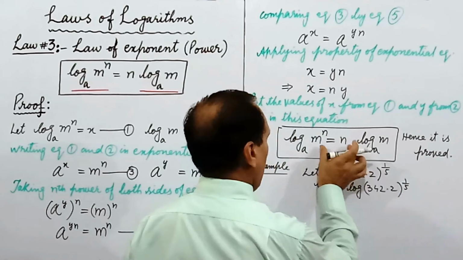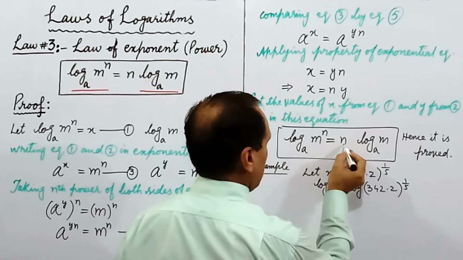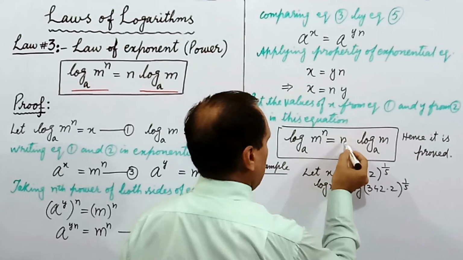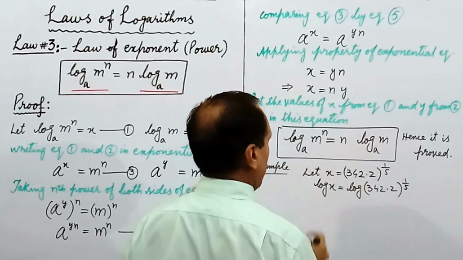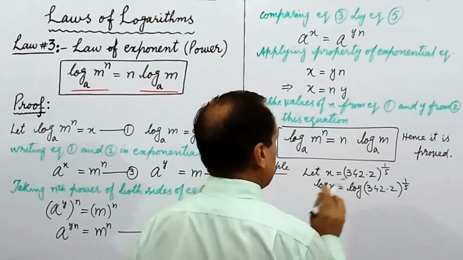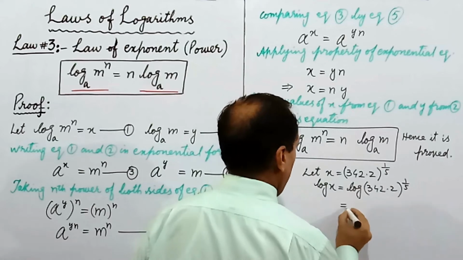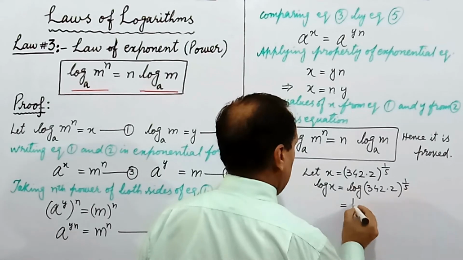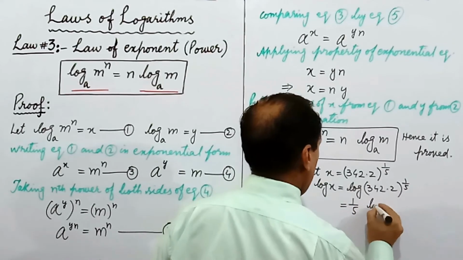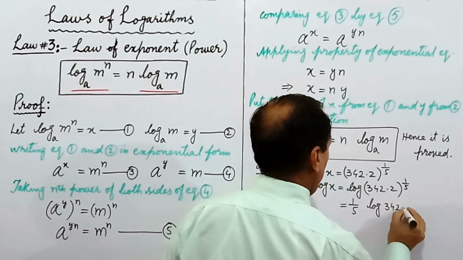Applying this law, as we know that n is power and that becomes coefficient according to that law. So we apply this law and we write 1 over 5 as coefficient of the log 342.2.